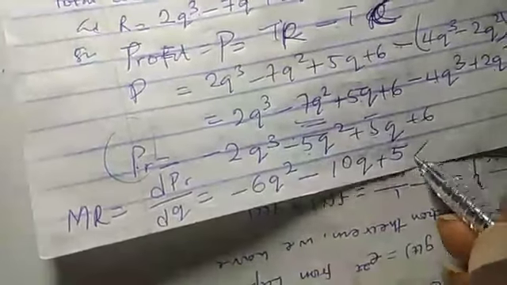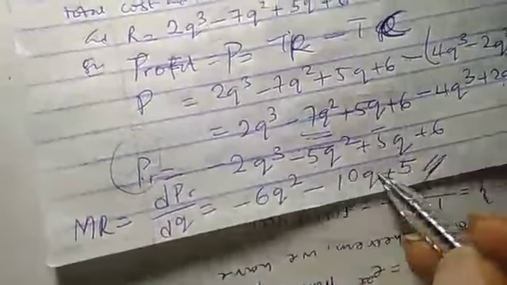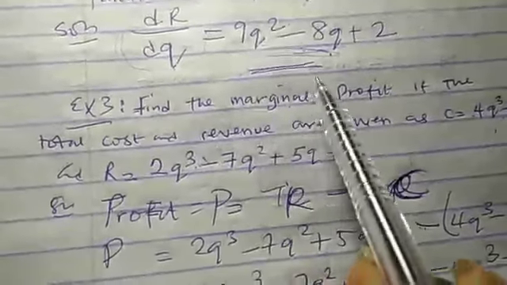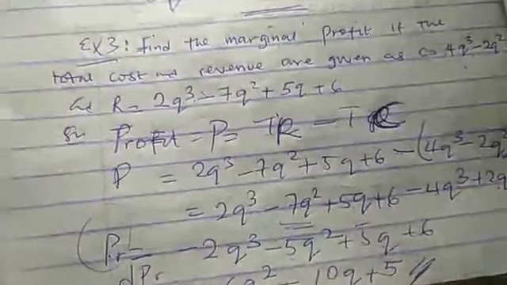If I differentiate this, I will have 0. So this is our answer. So this is marginal profit. So I've used total cost and total revenue to get the profit. And when I got the profit, I now found the marginal profit.